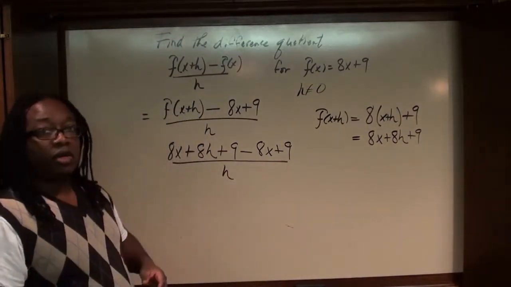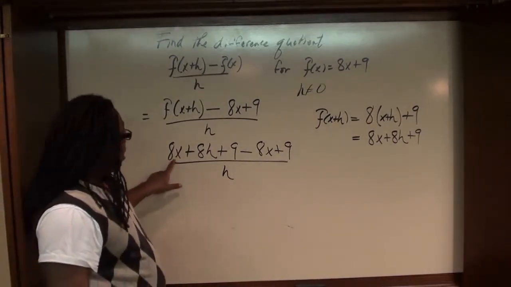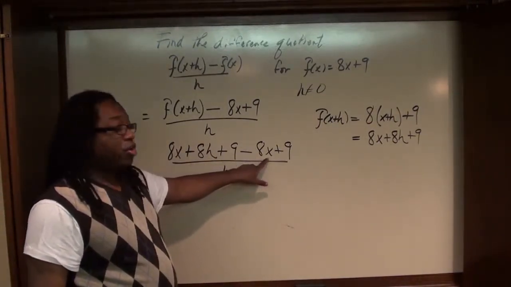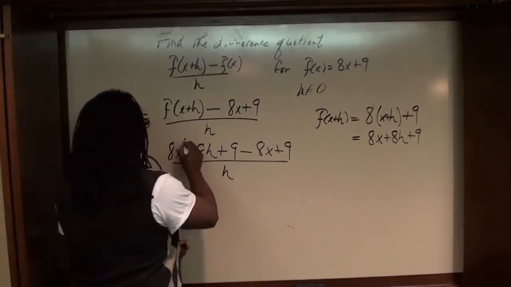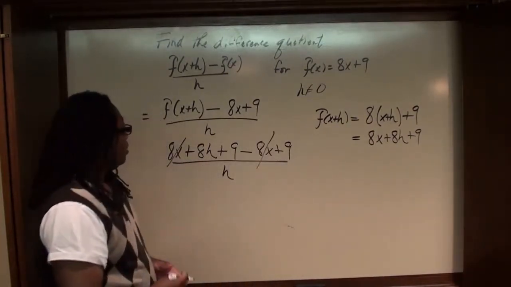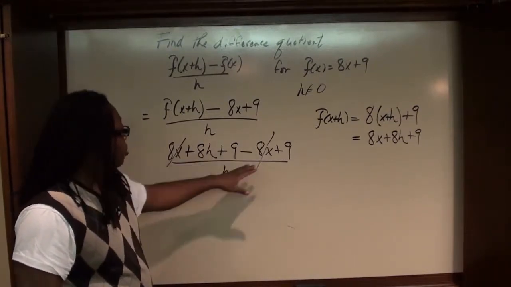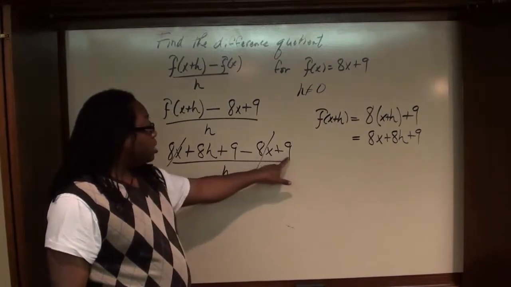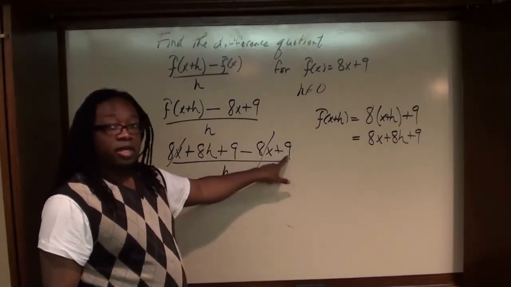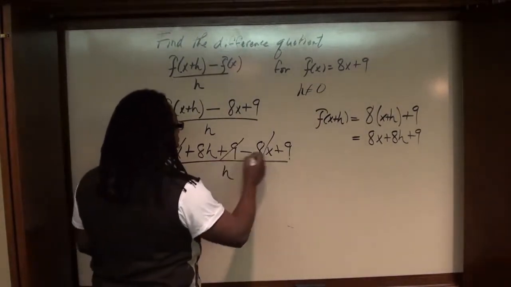And then finally, let's simplify. 8x and 8x are like terms, so 8x minus 8x is equal to 0. So this cancels. And then there's no other h here. So we have a 9 minus another 9. 9 minus 9 is also 0. So we can cancel this component out.